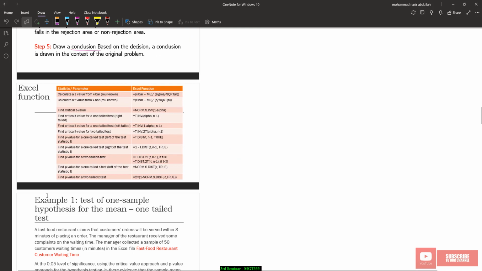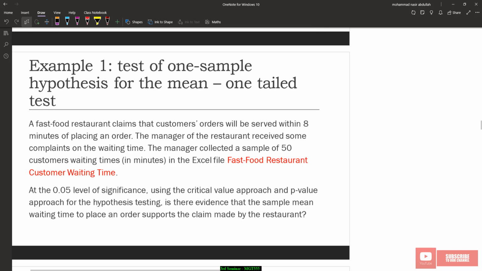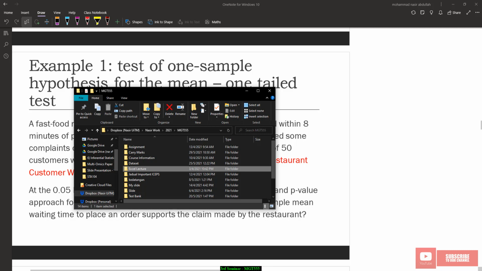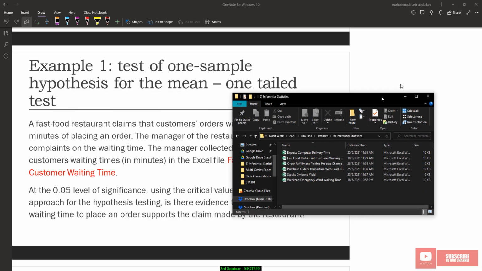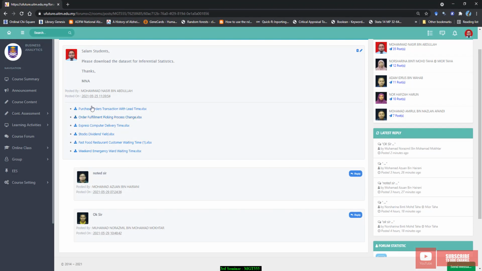Right, now let's look at example number 1. We are going to use the data set from Inferential Statistics. I hope you have already downloaded the data from UFuture.